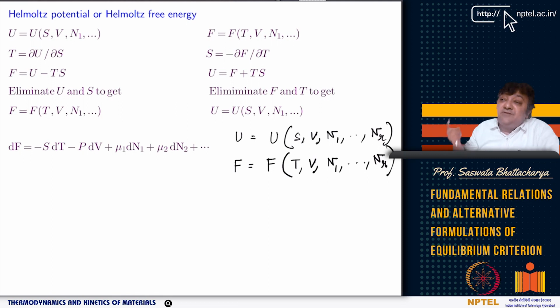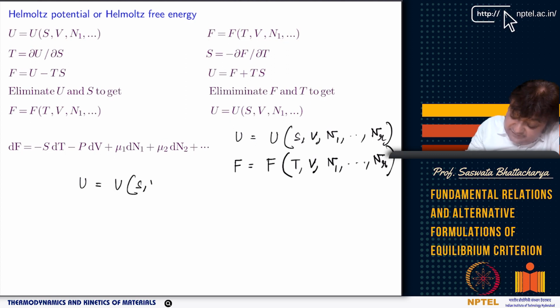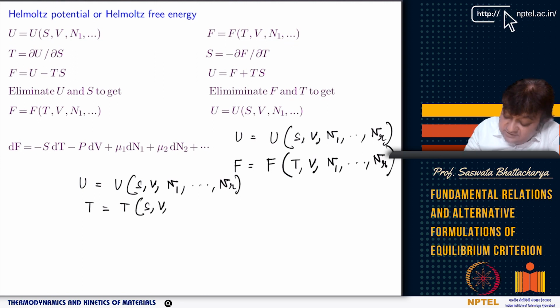In case of U as a function of S, you have to also define equations of state. When we write this way, in the energy minimum principle, you have U as a function of S, V, N1 to Nr. But you also require a relation for T as a function of S. It is a homogeneous zeroth order function of all these extensive parameters. You require all of this.